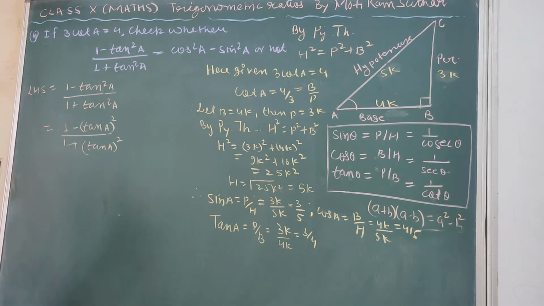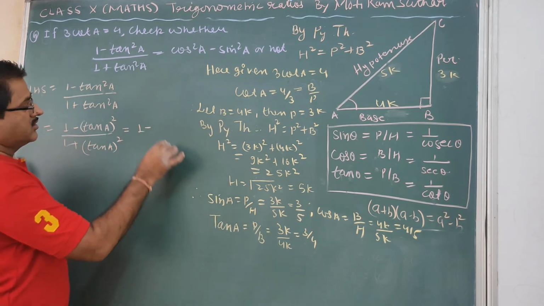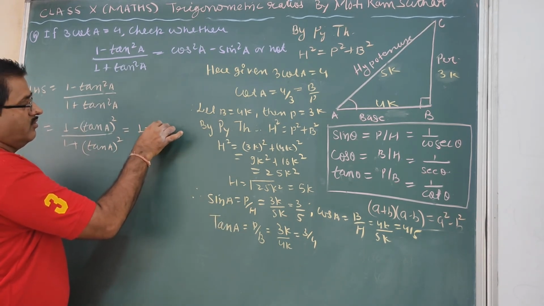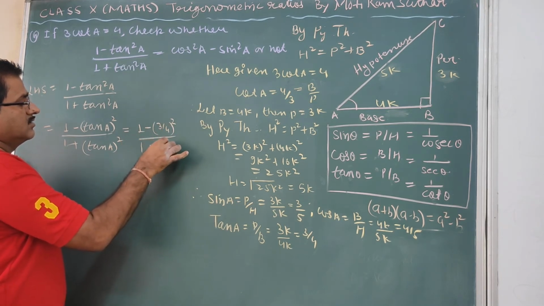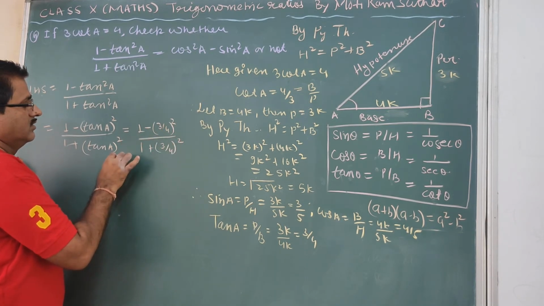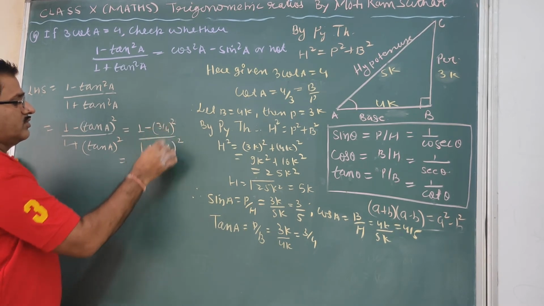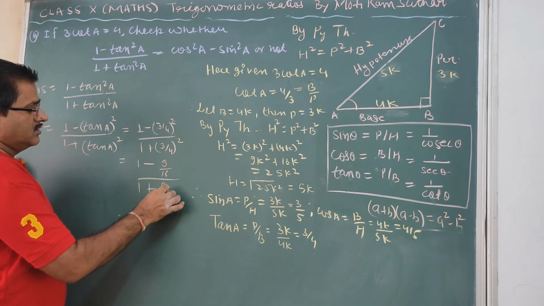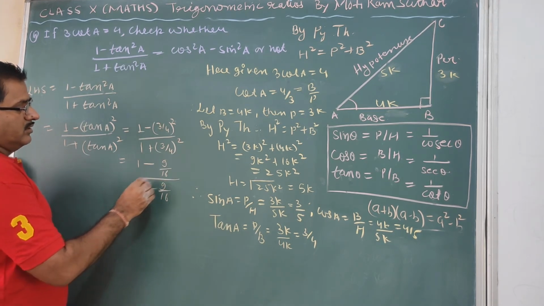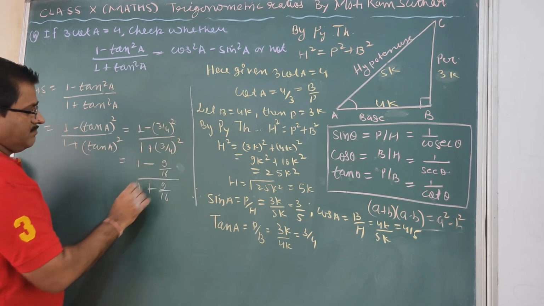Similarly in the denominator. Now substitute the values. 1 minus tan A, 3 by 4, whole square, 1 plus 3 by 4 whole square. So 1 minus 3 square, that is 9, 4 square, that is 16. Here also 9 upon 16. Now in the numerator and denominator, you take LCM.